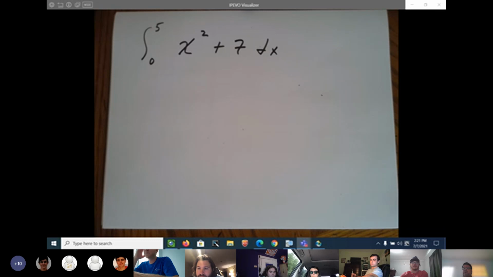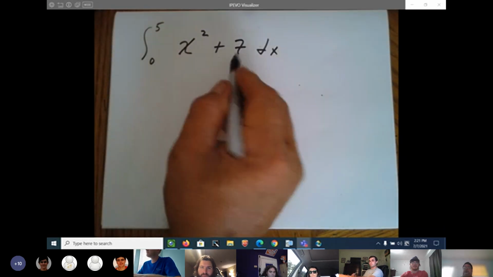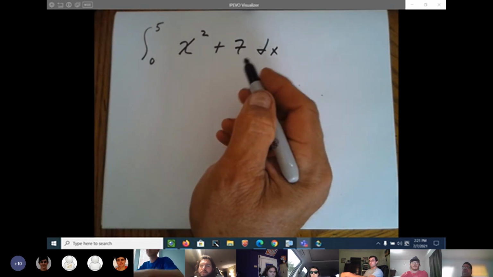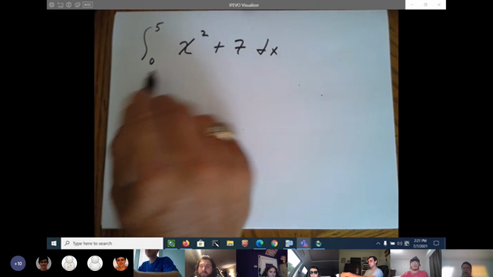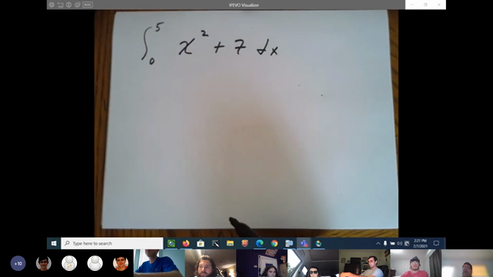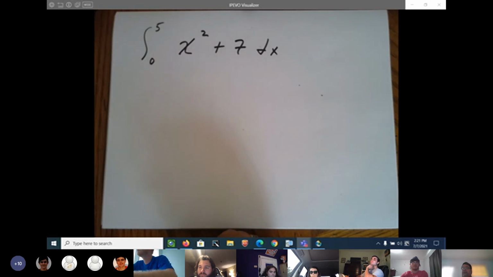X to the third over 3. Do you do power rule? That's right. How do you know? Well, take u. u is equal to x squared plus 7. du is 2x dx. You can't multiply this thing by 2x. You can multiply by 2, you can multiply by 1/2, but you can't multiply by 2x. So therefore, you know it's a power rule problem.